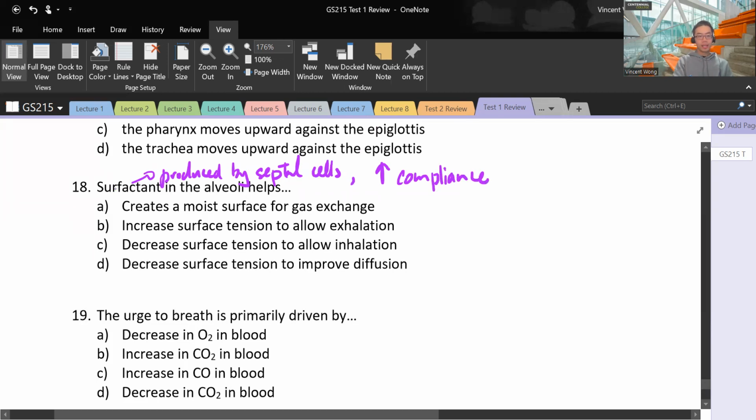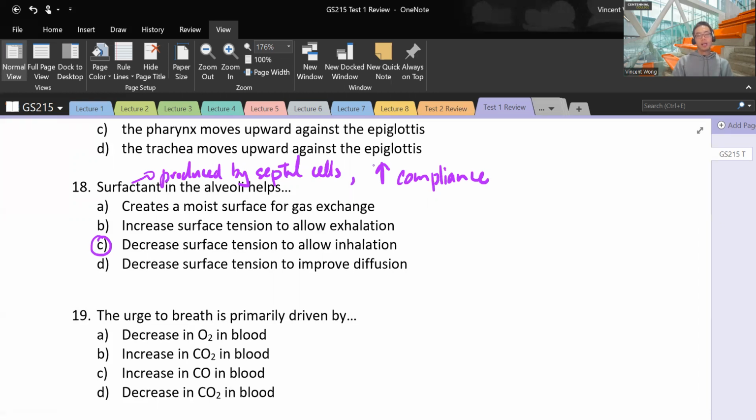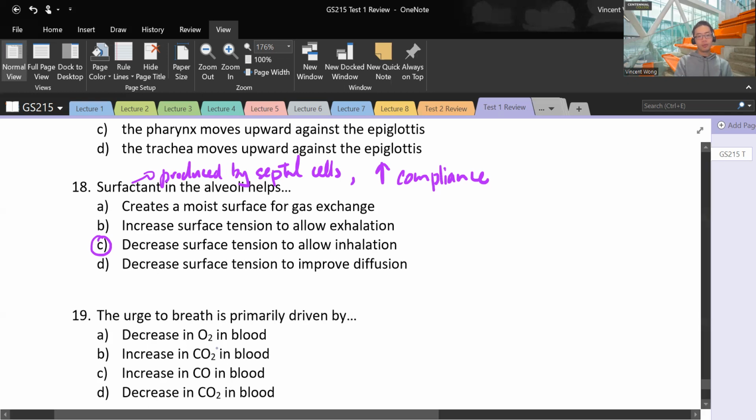So the correct answer is to decrease surface tension to allow inhalation. We talked about premature babies. They don't produce their own surfactant yet. That's called infant respiratory distress syndrome. It's something that you should review as well.